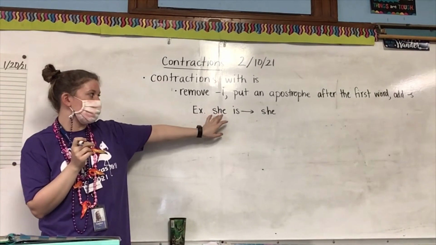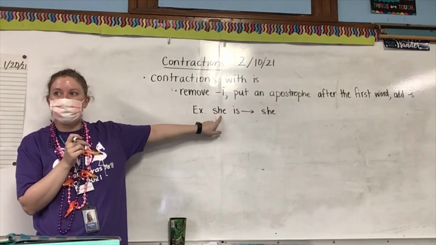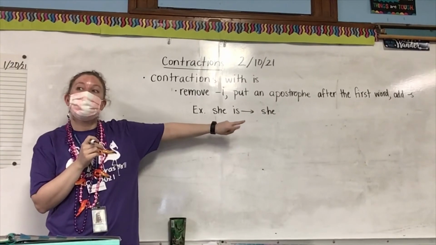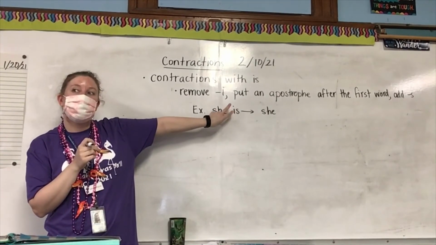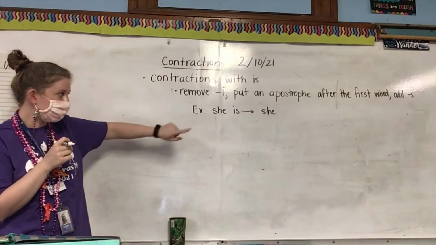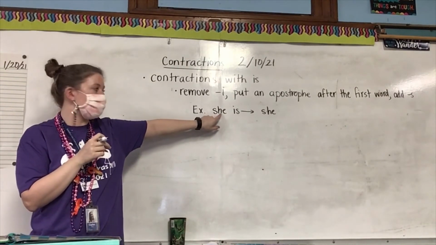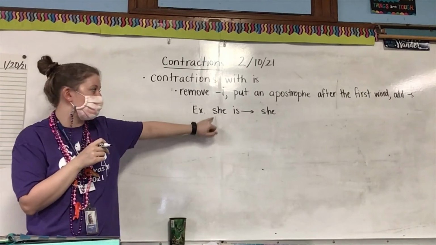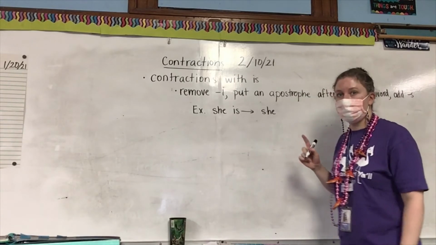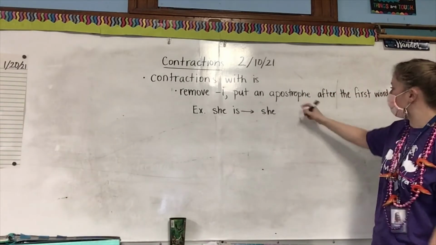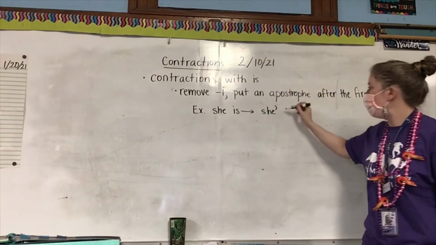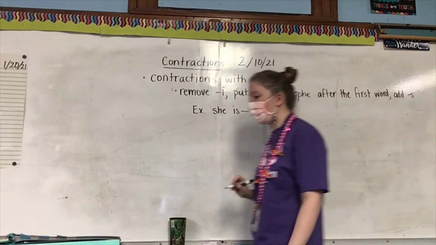If we don't take letters off the first word, we take letters off the second word. So to change she is into a contraction, we take the first word she, then what? I put an apostrophe after the first word, and then I do what? Add S. So she is becomes she's.